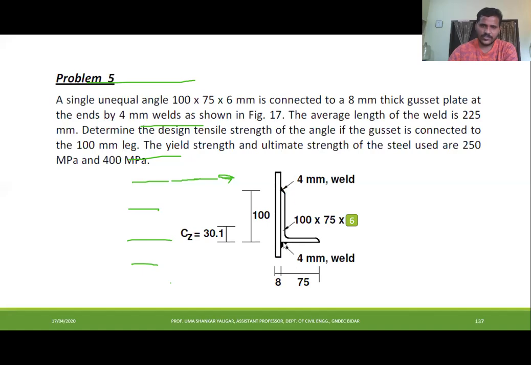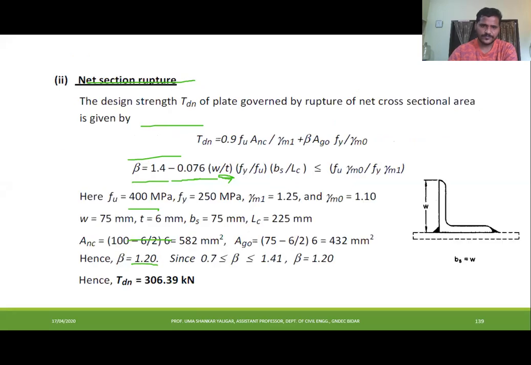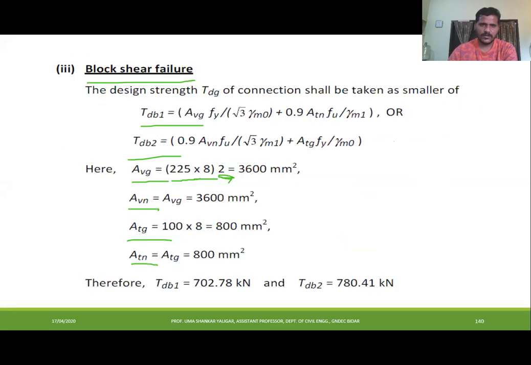This welding length into the thickness will give your Avg. Then similarly, Avg and Avn are both equal, because here we don't have any bolt holes.